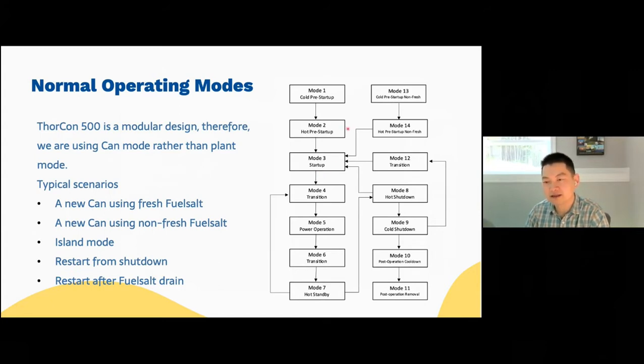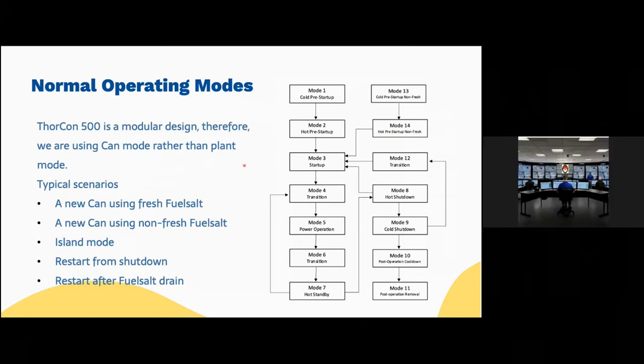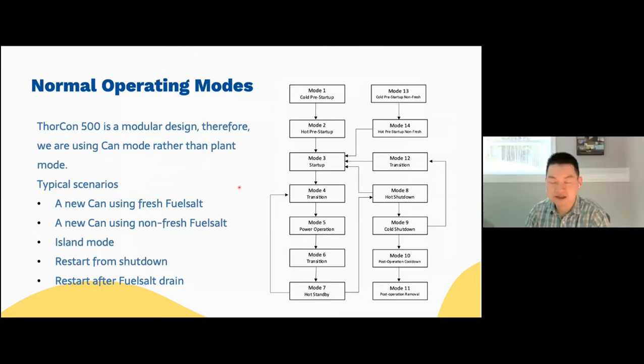Okay, so the diagram on the right shows all the operating modes for the cans. It starts with mode 1 all the way to mode 14. So they're not the same. They're not describing one scenario. Actually, they're describing several scenarios.